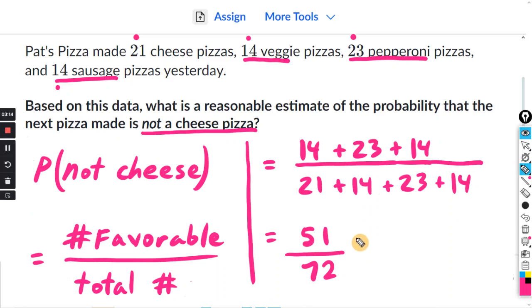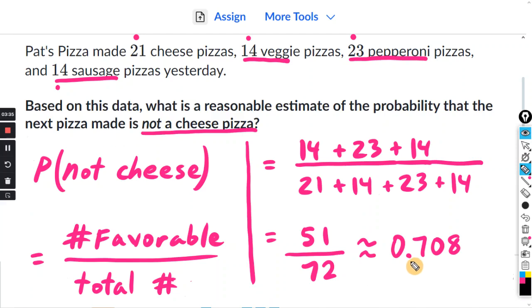What you want to do here is divide 51 by 72. If you round off to 3 decimals, it's going to be 0.708. Now, their answers are in terms of percentage, so convert decimal to percentage.